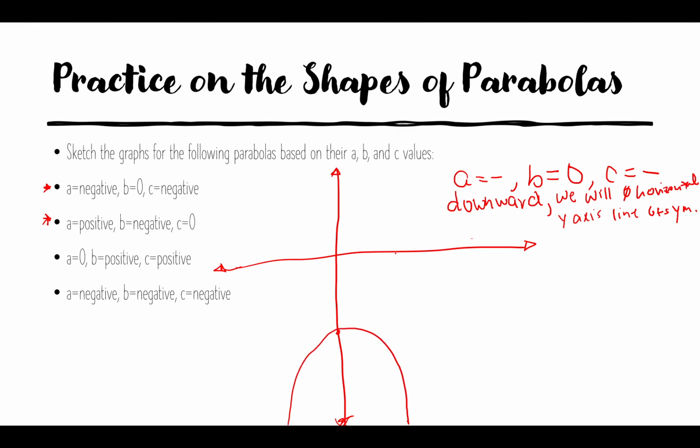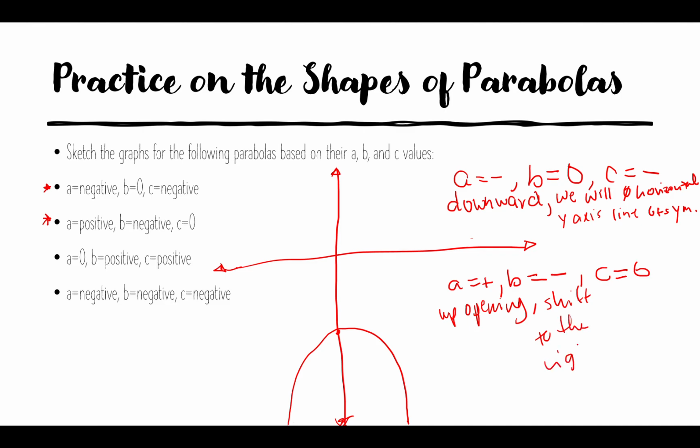Let's look at number 2. A is positive, b is negative, and c is 0. We know that when a is positive, we will have an up opening parabola. That when b is negative, when we have an up opening parabola, we have a shift to the right.